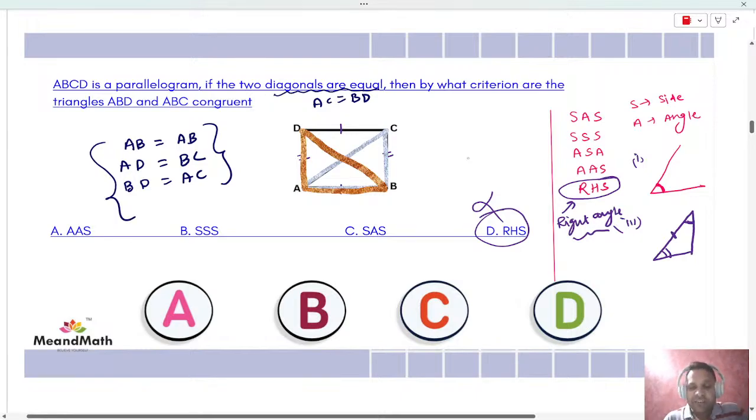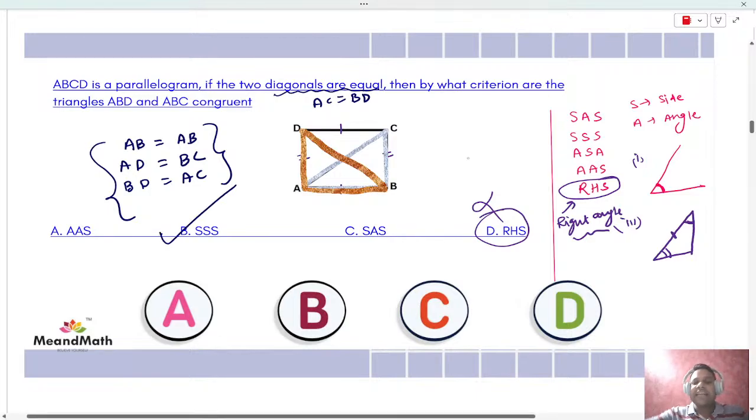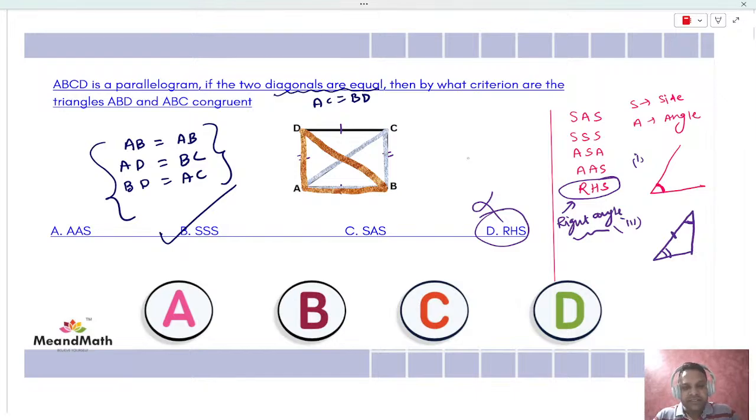Means both triangles are congruent. By which criteria are all three sides equal? SSS criteria is the correct answer. Yes. So in this question, our criteria is side criteria. Clear? Any doubt? No. Let's move to the next part.